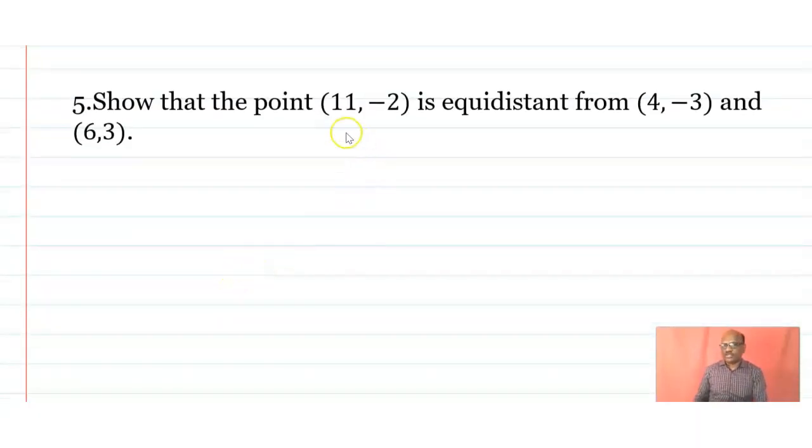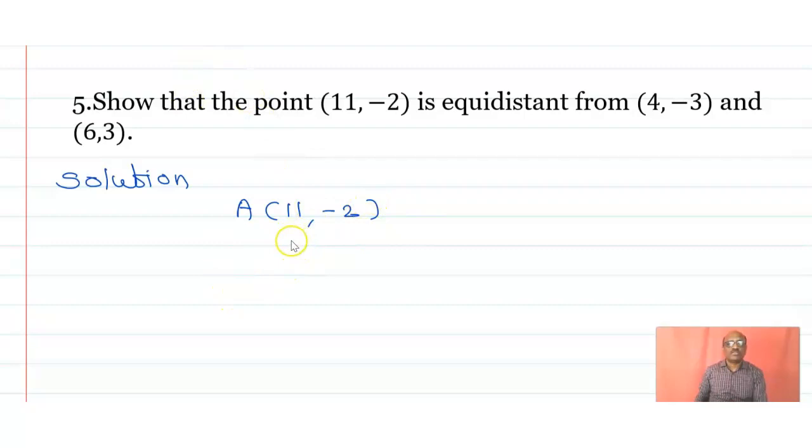Okay, now the next problem. Show that the point (11, minus 2) is equidistant from (4, minus 3) and (6, 3). This is the question. Solution. Okay, this point (11, minus 2), suppose that point is A. This point is equidistant from the 2 points.